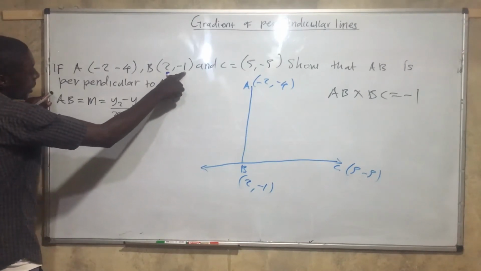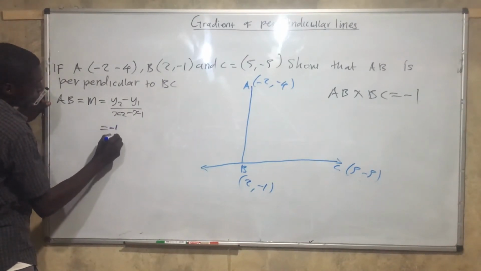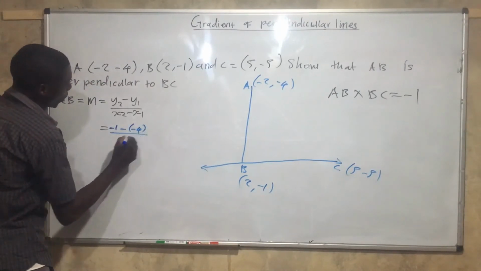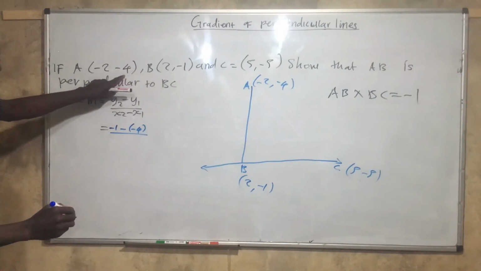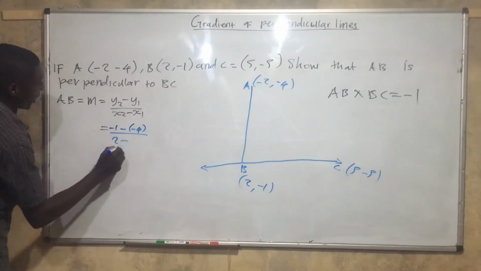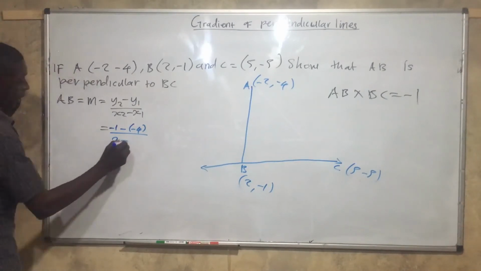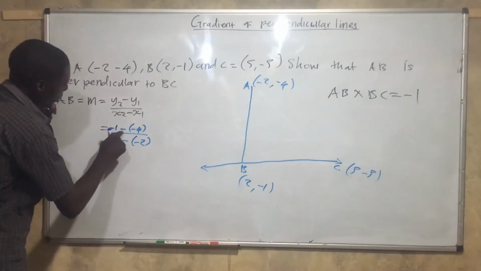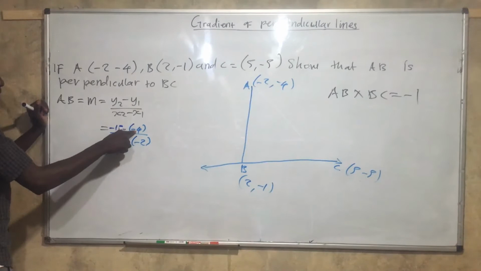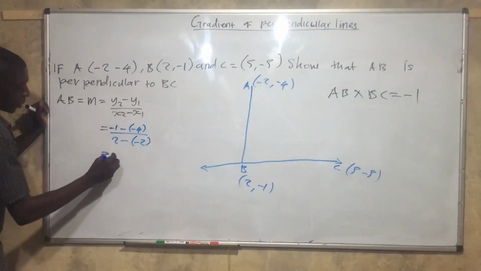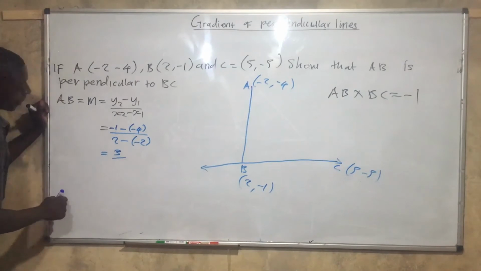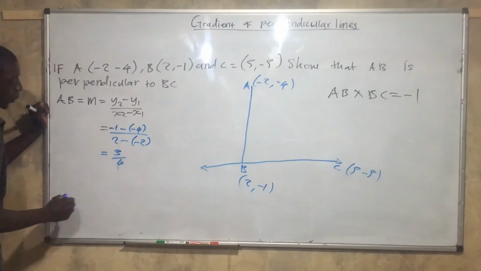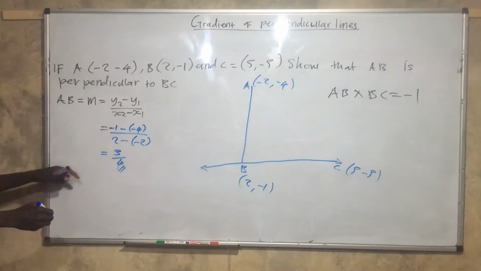So our y2 is negative 1 minus our y1, negative 4, over our x2, which is 2, minus our x1, negative 2. Our gradient will be negative 1 plus 4, which gives us positive 3, over 2 plus 2, which gives us 4. So we have found the gradient for AB.